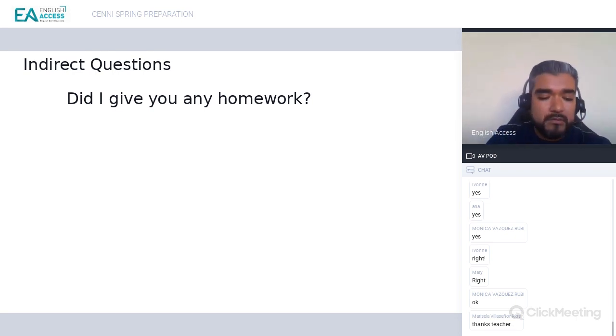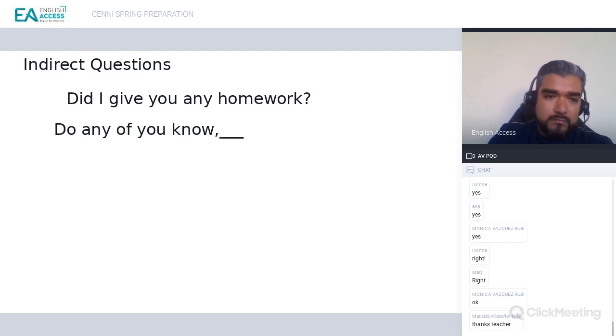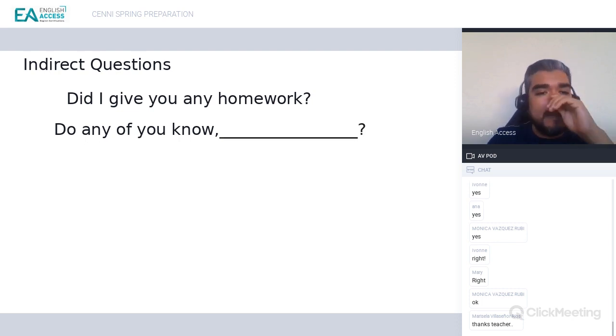Like, for example, do any of you know? And then I want to ask, like, did I give you any homework? But I start with, do any of you know?